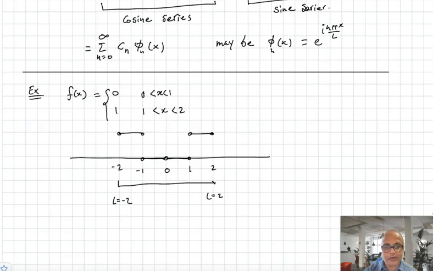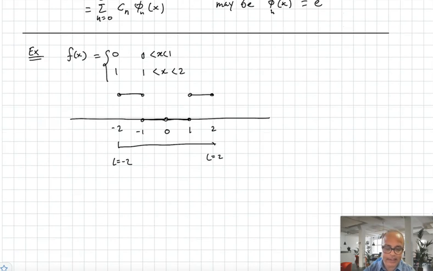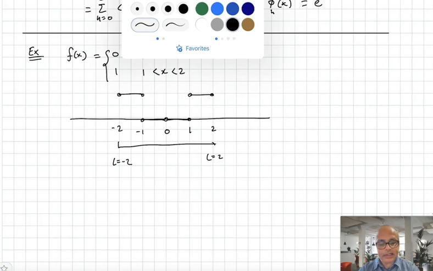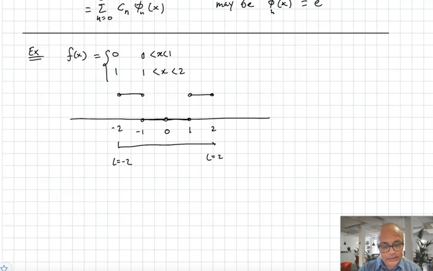Now you can see that I could have extended this function in a way that it looks like an odd function. We'll come back to that odd function later. Now what I will do is continue to extend this function periodically. So I will bring the whole thing and put it on the right side.